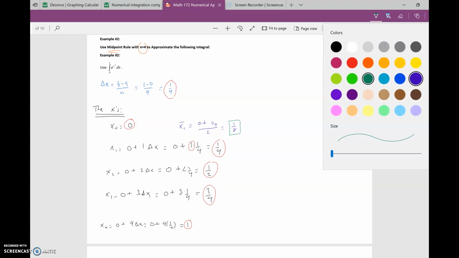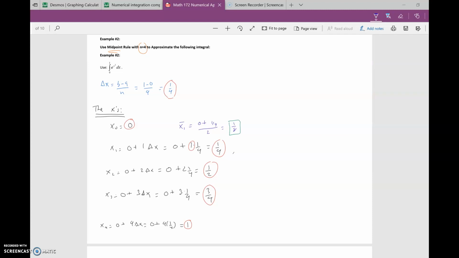Then the next, in this case x2 bar, is going to be 1/4 plus 1/2, and then divided by 2. To make it faster, I'm going to multiply this by 4 and by 4, and in the simplification we get 1 plus 2 over 8. I'm getting 3/8 for the second midpoint.